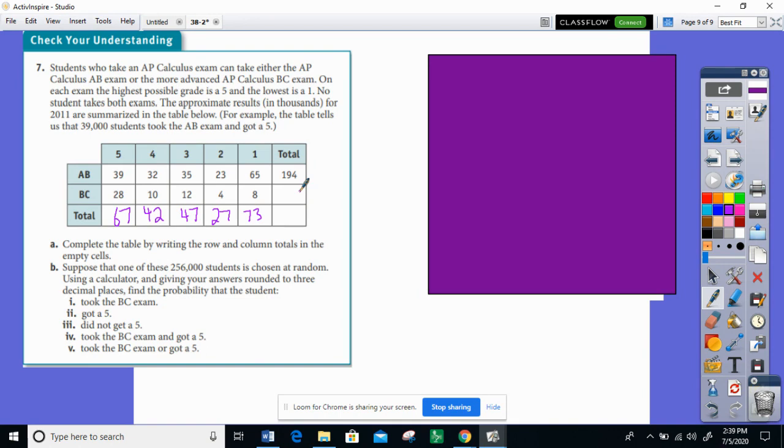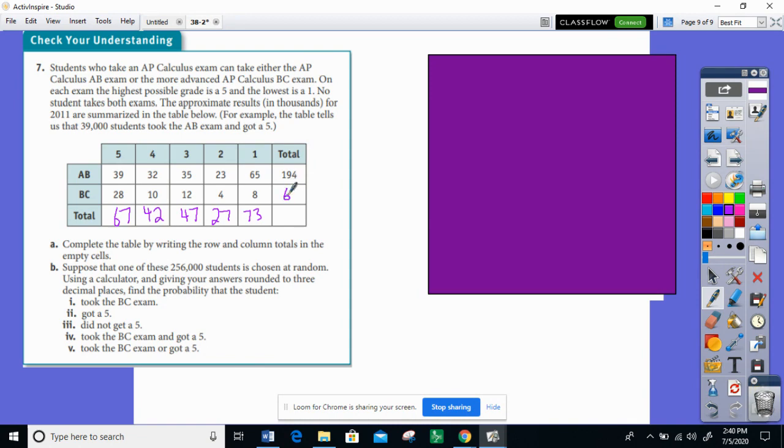Now we have 2 ways that we could go about finishing this. It's going to be about the same amount of typing either way. If we add these 5 values in the bottom row, that will give us the total number of test takers for both tests. If we add 28 plus 10 plus 12 plus 4 plus 8, that'll give us the total number of students that took the BC calculus exam.